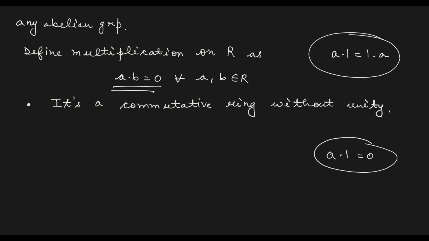If I apply this given multiplication, then a into 1 is equals to 0. तो मल्टीप्लिकेटिव यूनिटी तो नहीं आ पाई ना, क्योंकि मल्टीप्लिकेटिव यूनिटी आपकी 1 हो सकती है, ये 0 नहीं हो सकती.